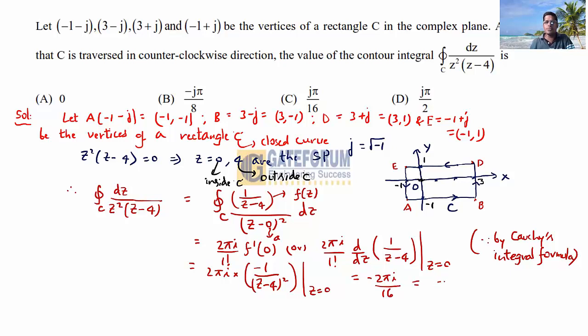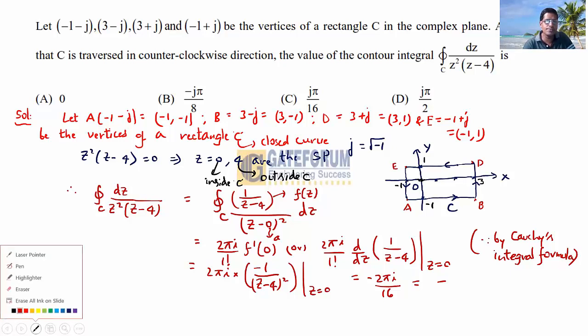Finally this simplifies to minus. Of course, we already used j in that question. In the question, all the vertices use j notation. So it is better to replace i by j. Kindly excuse me.